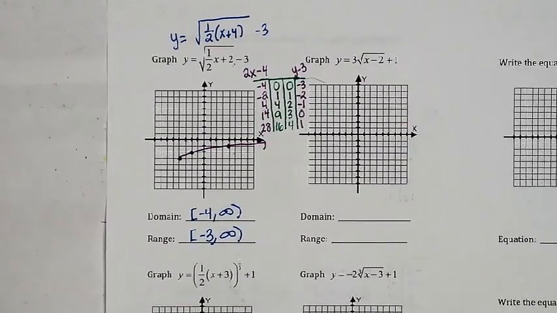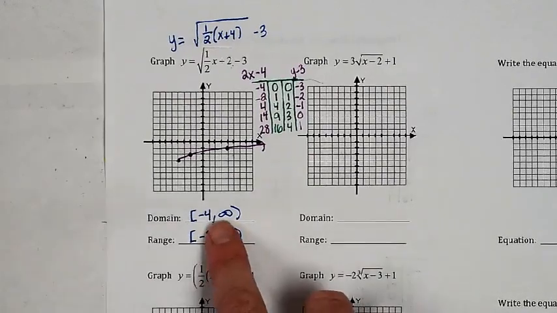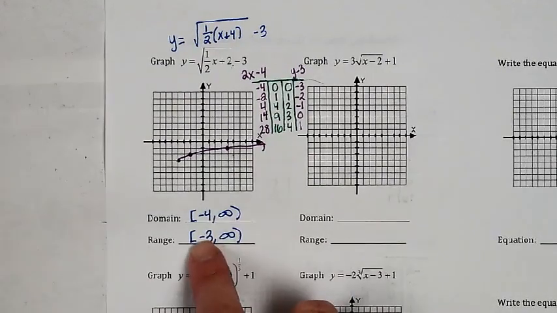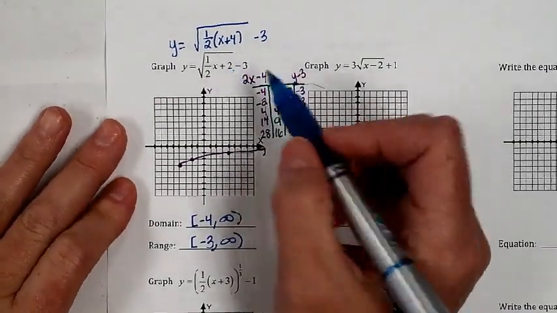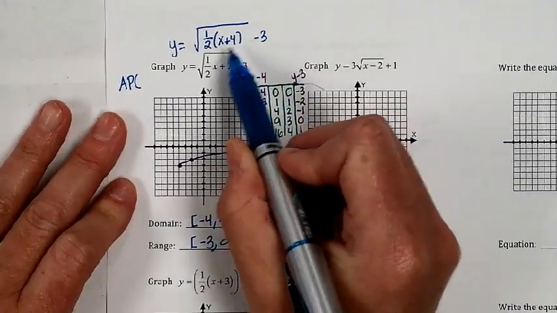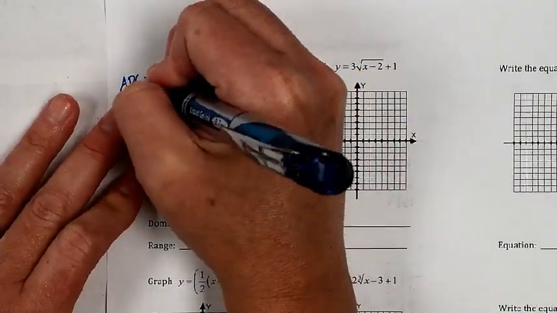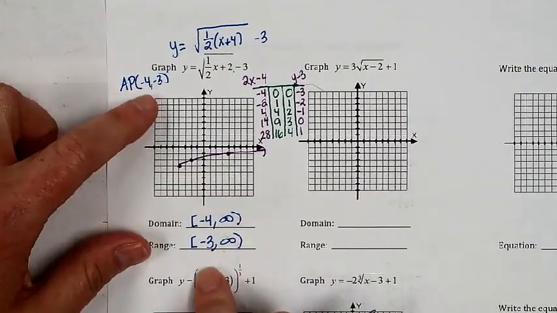My parent function would be 0 to infinity, 0 to infinity. Remember the anchor point? What is the anchor point of this equation? Negative 4, negative 3. Look how that matches your x and y. We'll talk about that more in a little bit.